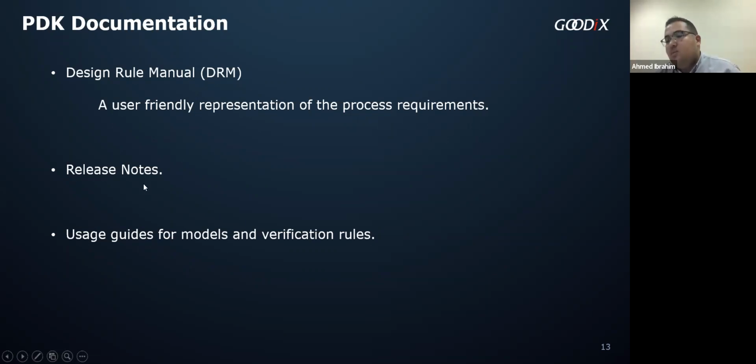Release notes: what's happening in the new releases, what happened over the previous release. Did we add a new check? Did we enhance a certain model? Also, some usage guides for models, how to use them, how to implement the verification rules, how to set up the BDK, and so on.